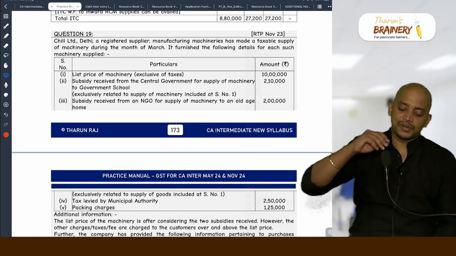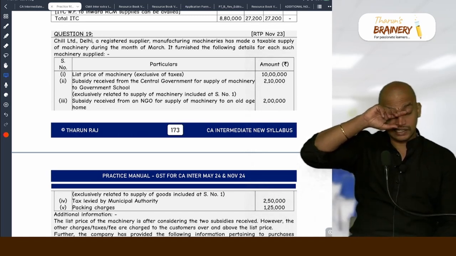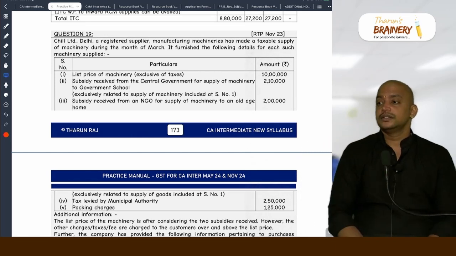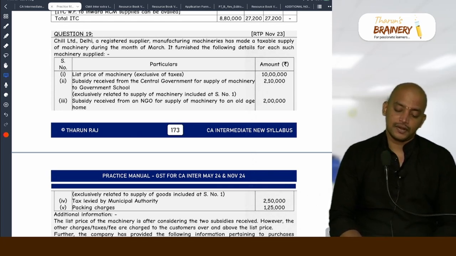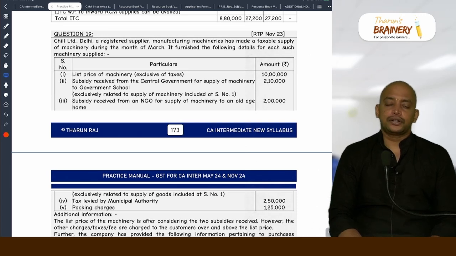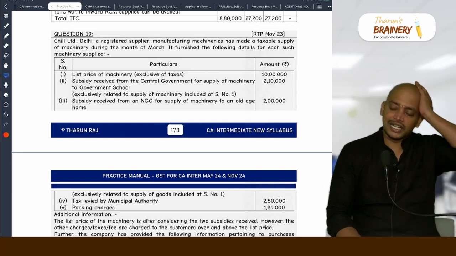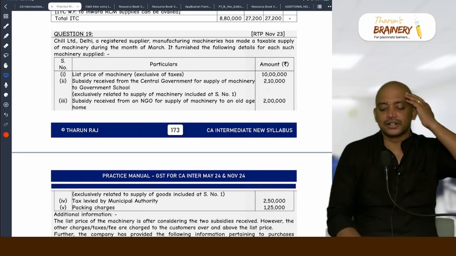So write down municipal tax, hyphen, to be included and in the given price not included. So we need to add 2,50,000. Packing charges to be included as per 15(2)(c), incidental expense or any other expense. But see the note below and tell me whether this packing charges is already included in the price or not.